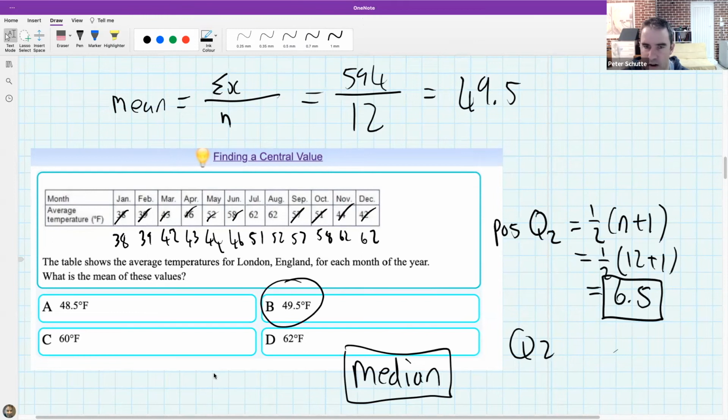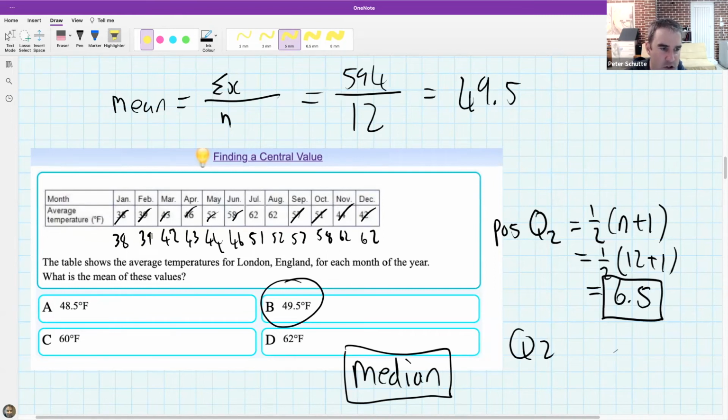I'll unmute you now. If you just click the little bubble you can unmute. Yeah, I think we have to add the two middle numbers and divide by 2. Isake, that's exactly it. So we find the two numbers, the number in position 6 and the number in position 7, because those are the two numbers that are going to be on each side of 6.5. Thank you, Isake. That was wonderful.